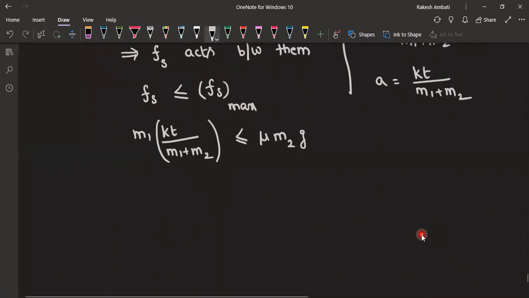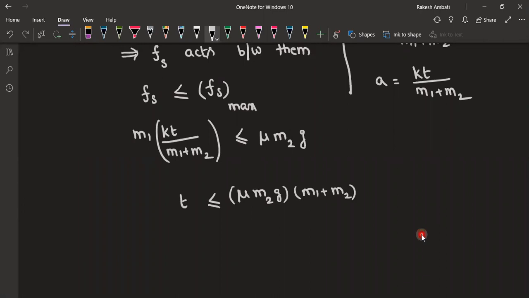Therefore, from this equation, the value of T is less than or equal to mu M2G into M1 plus M2 upon M1K.